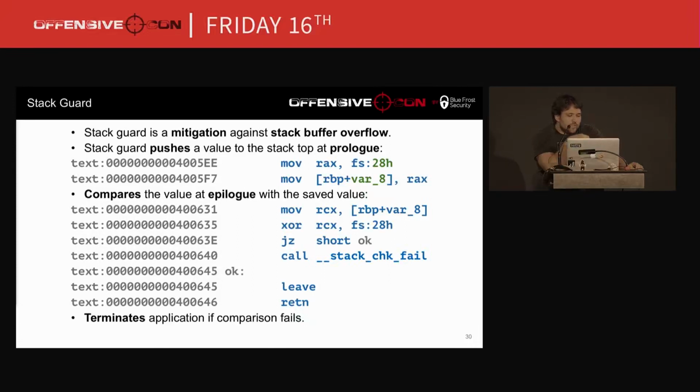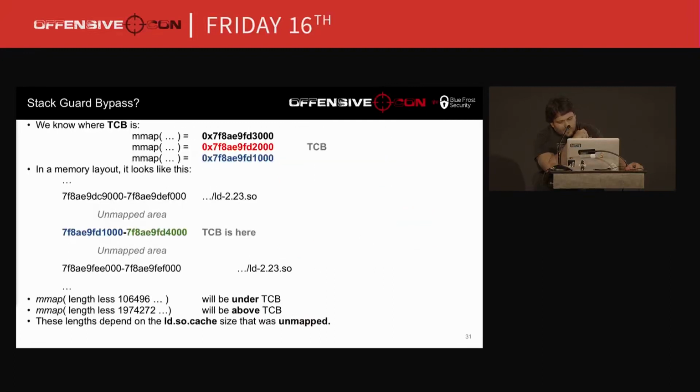And if this doesn't match, if the check failed, it calls stack check fail and the application will be terminated. So what's interesting here? One of these 3 allocations was the TCB of the main thread. And this means that you know the location of the stack cookie.